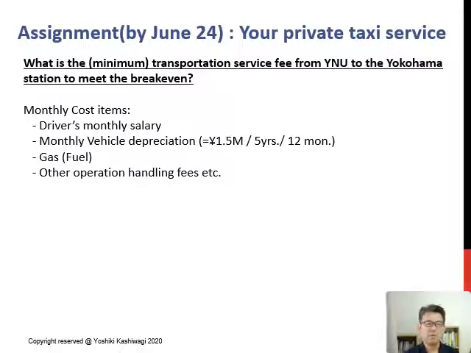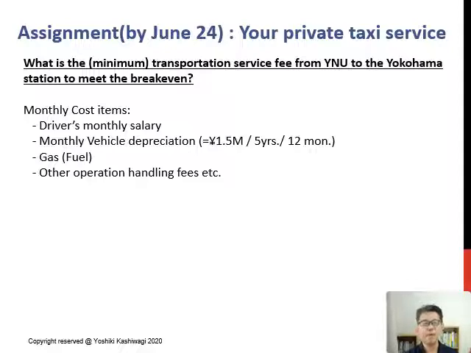And here's some items you have to think about. What is your driver's monthly salary? This is fixed. And the monthly vehicle depreciation, yes, you invested your automobile for the service, so you have to depreciate the asset amount. And here's the number, 1.5 million yen per month. So you depreciate this car for 5 years and divided by 12 months.